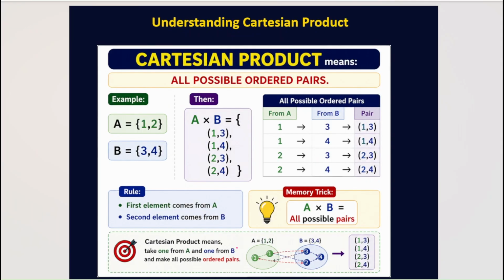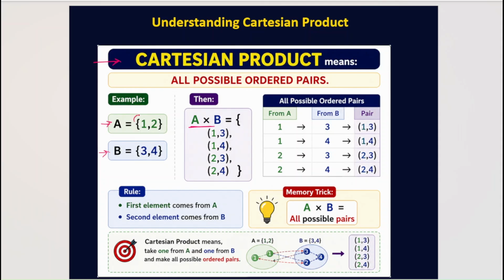Next is the Cartesian product, a very important term that we'll be using throughout this lecture and in coming lectures. Cartesian product means all possible ordered pairs. For example, you have set A = {1, 2}, then you have set B = {3, 4}. The Cartesian product is represented by A cross B, right?